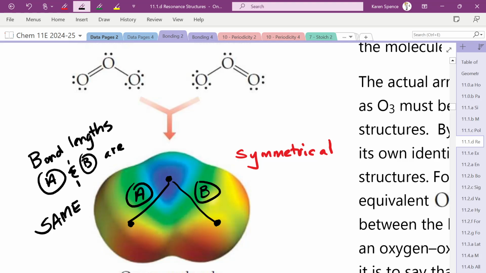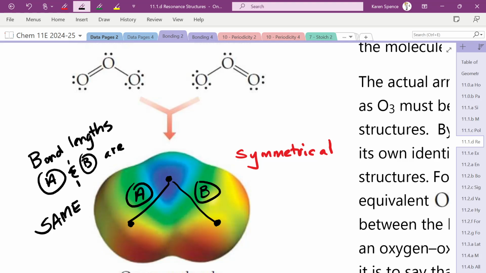Okay? Yes? You can have a triple bond, but it's less usual. You can, but it just doesn't happen as much. Usually what you have is a double bond alternating with a single bond. Okay?